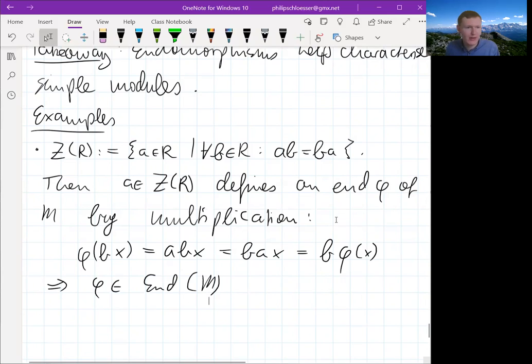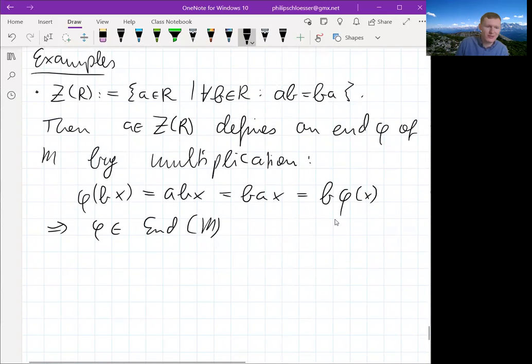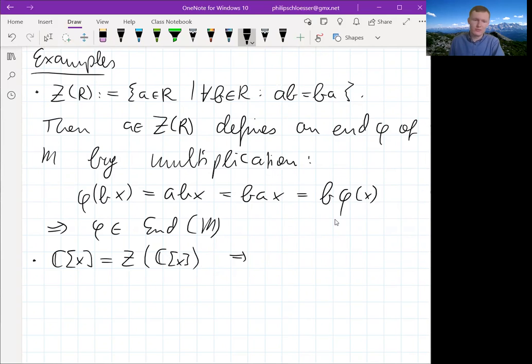I guess we can now have a look at what the centers of our various rings look like. First thing, the polynomial ring is just commutative, so it is equal to its own center. So every element acts just as a constant on every simple module, which makes sense. We've seen that simple modules are just one-dimensional.